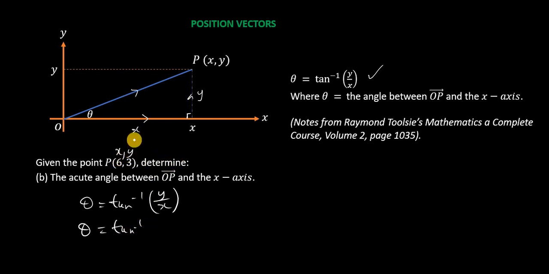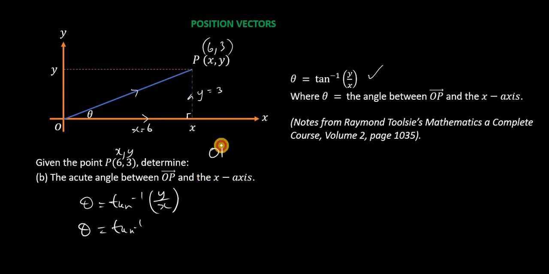Now, again, since the location of P is 6, 3, we're talking about 6 horizontally. So we go 6 units to the right and 3 up. So 6 to the right was x equals 6, and 3 up, y equals 3.